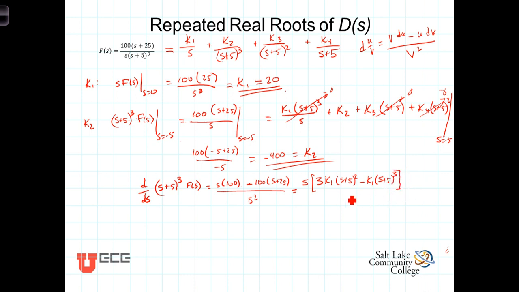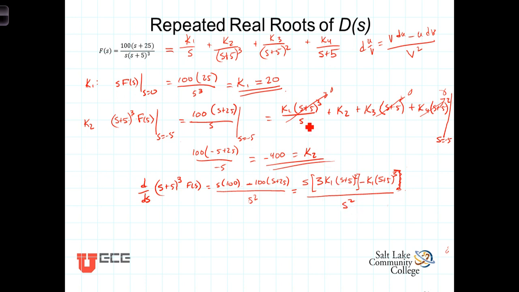So we can close that off, all divided by s squared. Let's see, I think I got the parentheses in the wrong place. This is v times du minus u times dv. Well, there's u, the numerator. The numerator is just k1 times (s plus 5) cubed times the derivative of s, which is 1. Okay, there, that's right. That's the derivative of the first term.